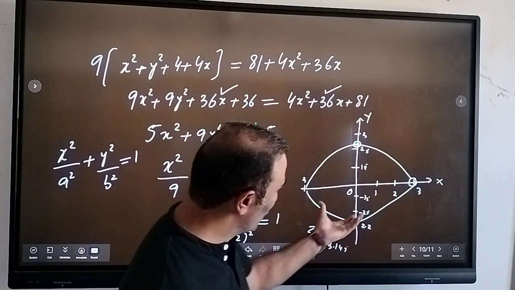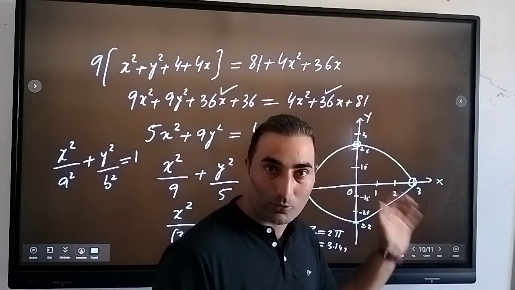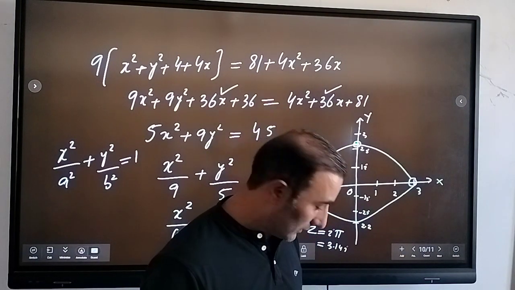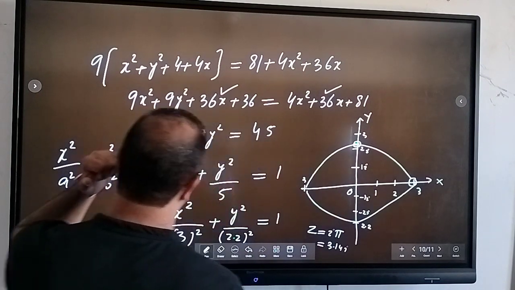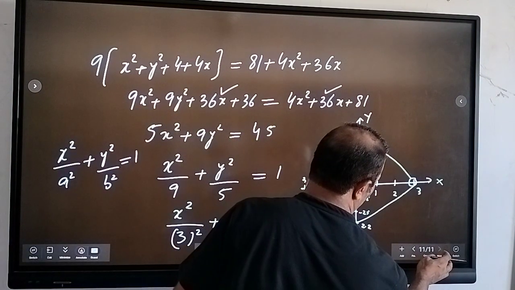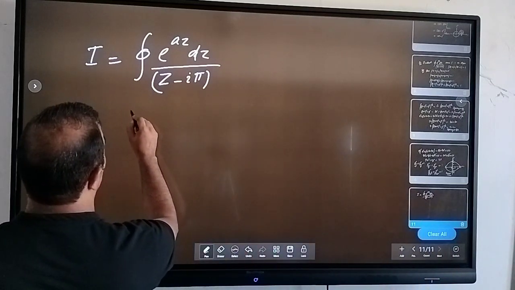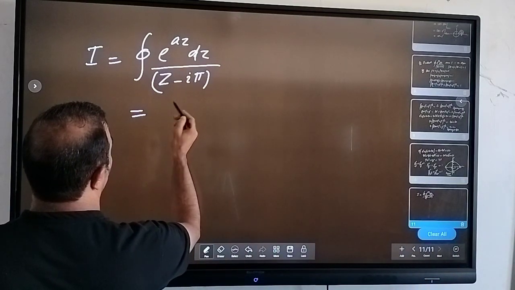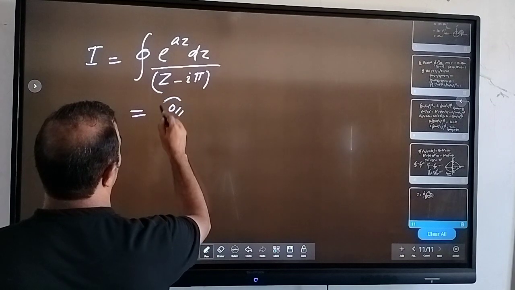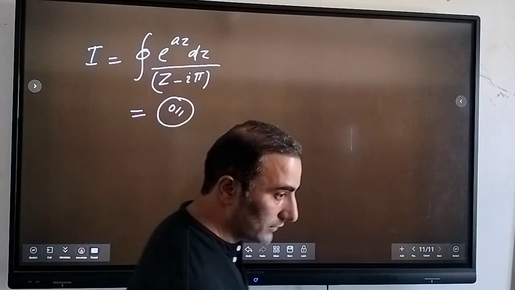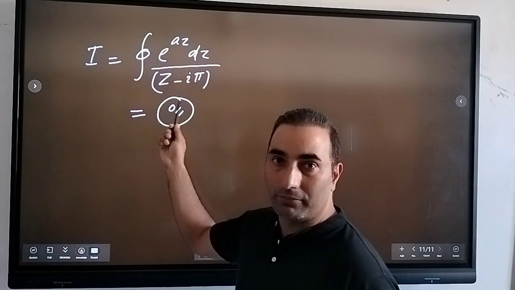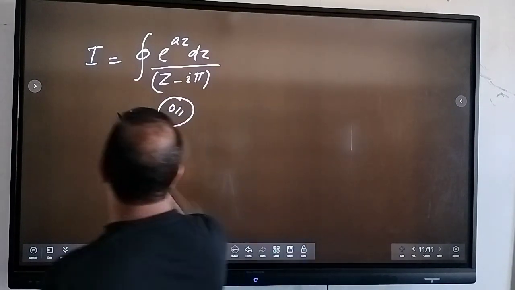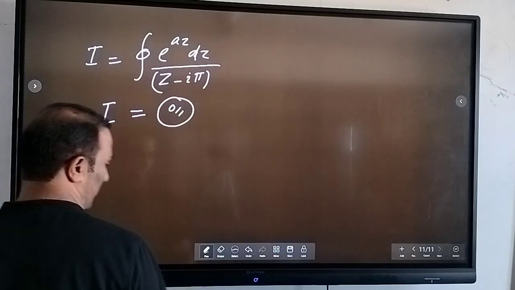It should lie within that domain, but it lies outside. So that means our integral here will be simply equal to 0, right? Because this point should lie within that domain, but it's lying outside.